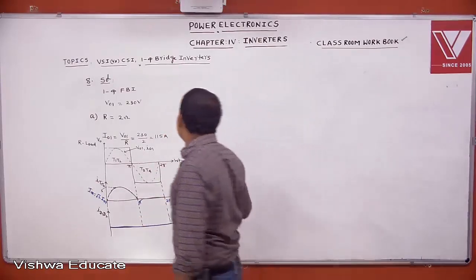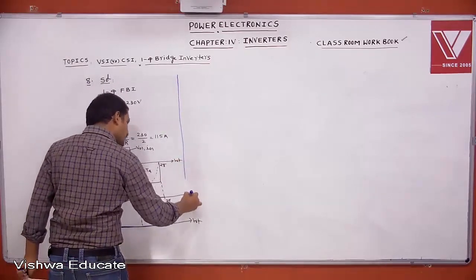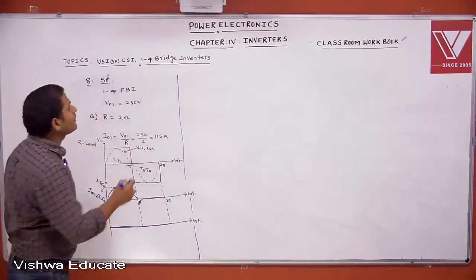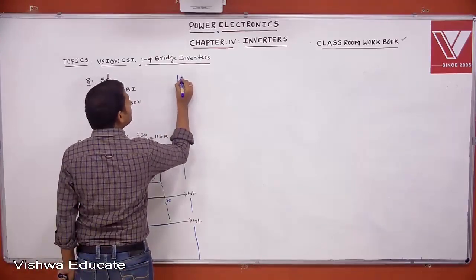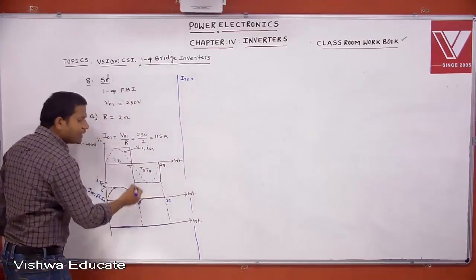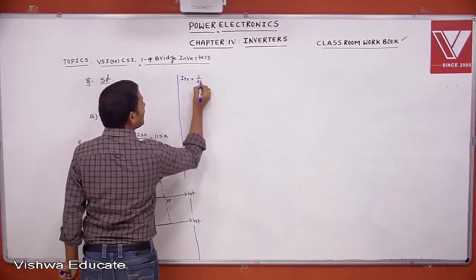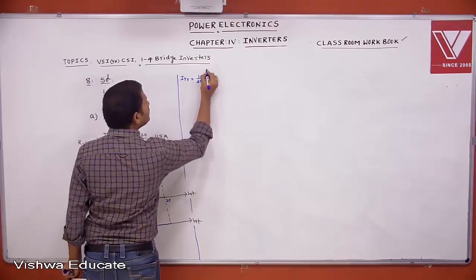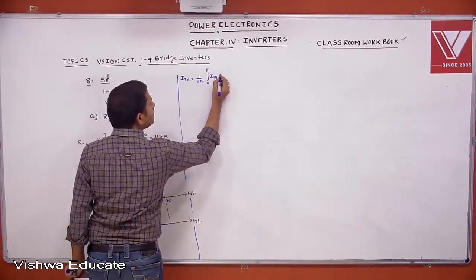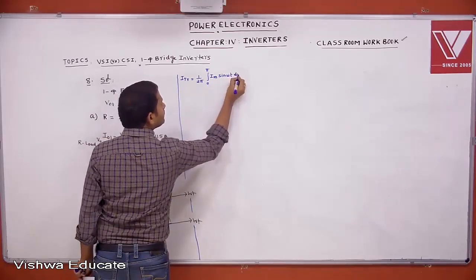Can you tell me what is the RMS value of each thyristor current? The RMS value of each thyristor current is ITR equal to, it's just like a half wave rectifier output. Then how to write? 1 by 2 pi integral 0 to pi Im sin omega t d omega t.